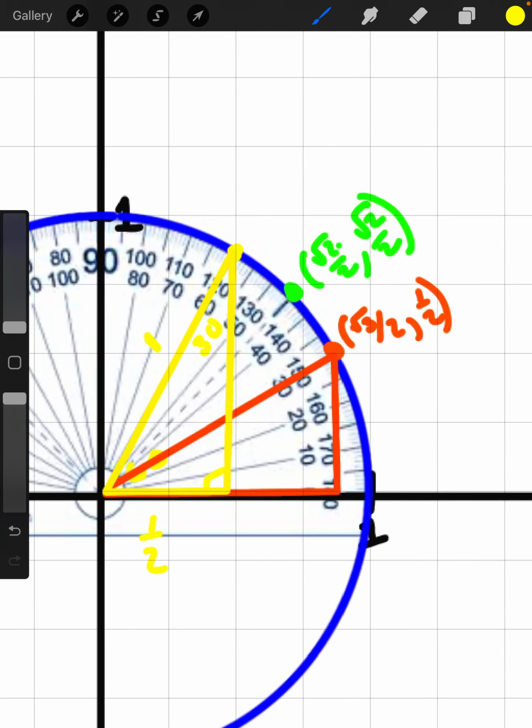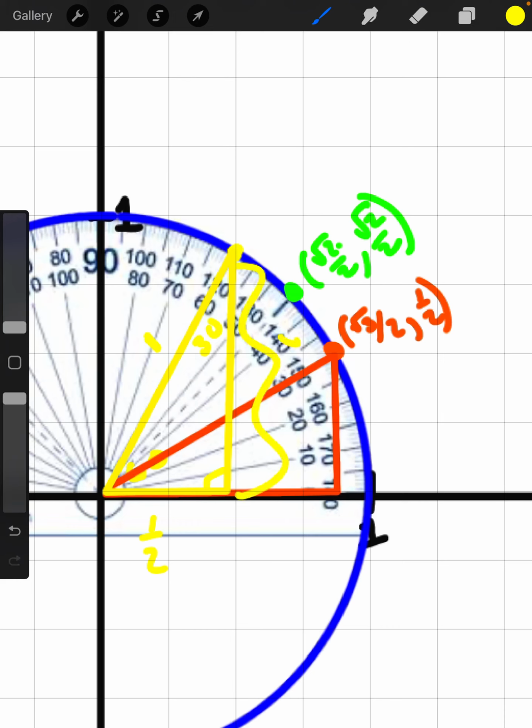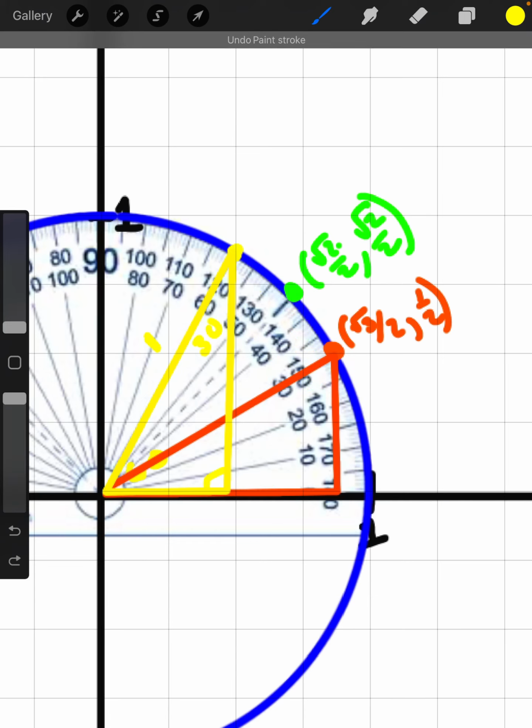But this time, the 1/2 for the short side is not the y value, that's going to be our x value. And then for this first triangle, we said that the longer side was square root 3 over 2. So for our new triangle that we have constructed, this longer side is also going to be square root 3 over 2, but now that's going to be our y coordinate.